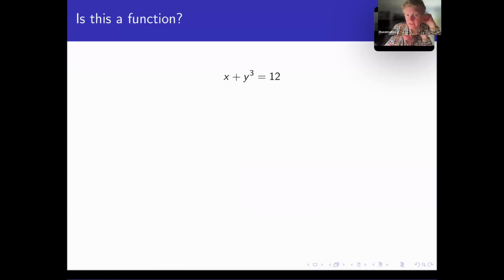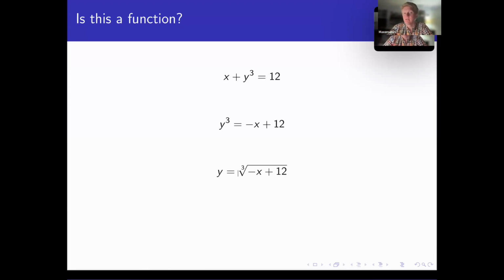Okay. x plus y cubed equals 12. Let's subtract x on both sides, and let's take the cube root this time of both sides. But think back to 1.5. In 1.5, when we take a cube root or an odd root of both sides, we do not get plus and minus. So we can take the cube root, it's not an even root, and we are good to go.